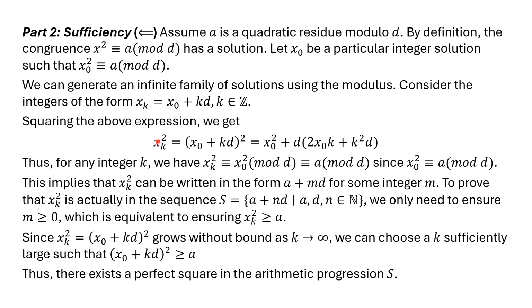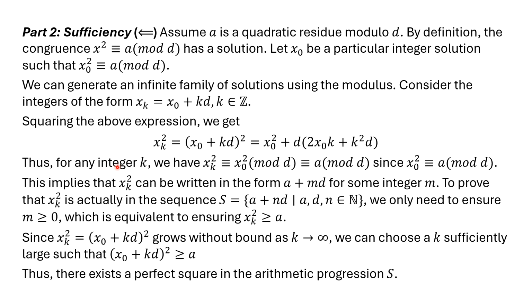Squaring the above expression, which I've done here, we'll have the x sub 0 squared, and then the other two terms have a d in it. We don't care so much about this other than it's an integer. So we get x sub k squared is x sub 0 squared plus some integer multiple of d.